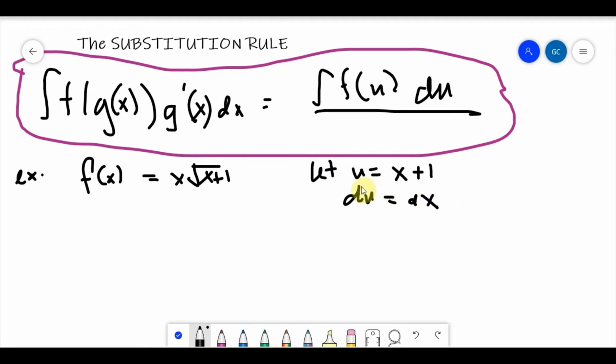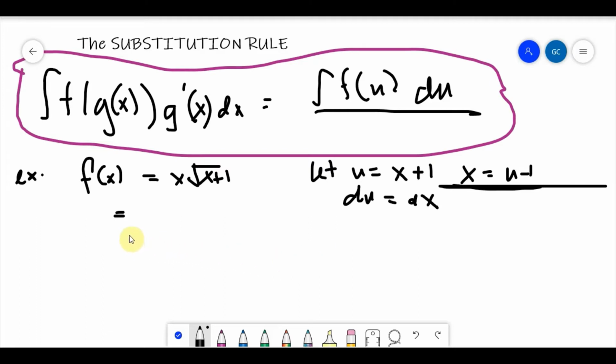Now, because our u is x plus 1, we know that our x is equal to u minus 1. x is derived from this solution here. So we need to substitute, because our topic for today is the substitution rule. Now we need to substitute u and x as this.